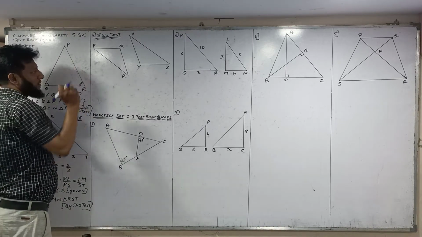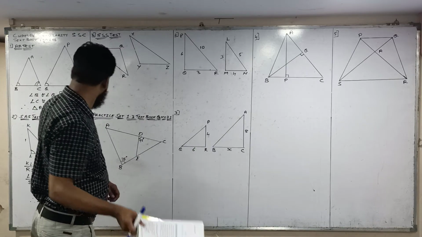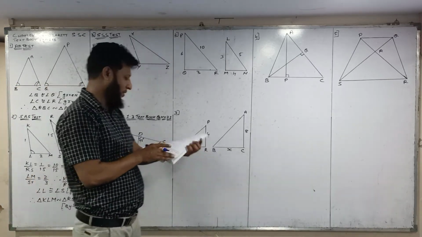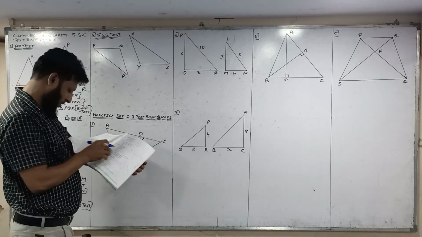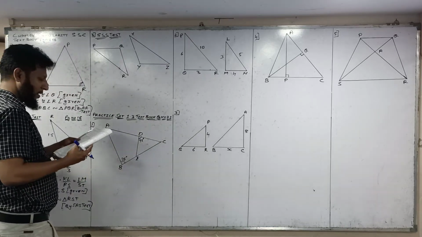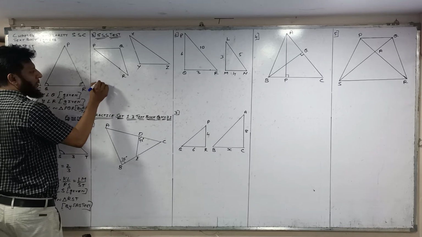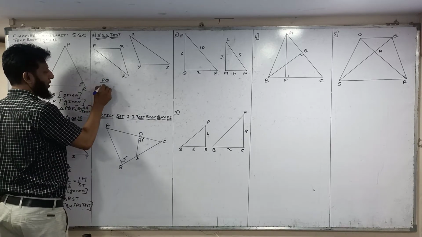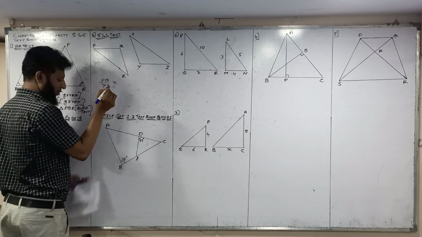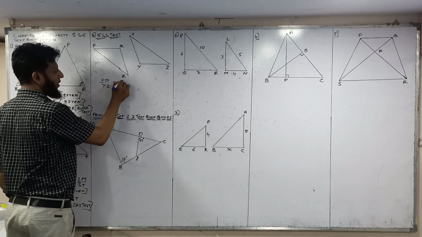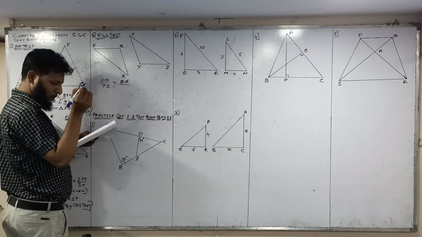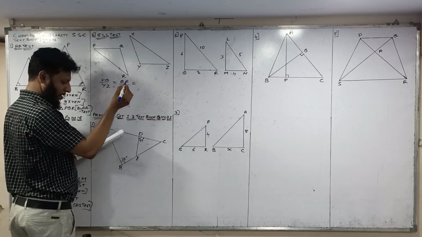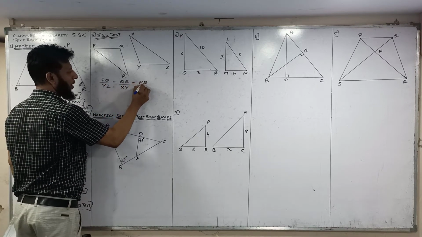Now you can see this on page number 18 in your textbook. It is given: PQ proportional to YZ, QR proportional to XY, and PR proportional to XZ.